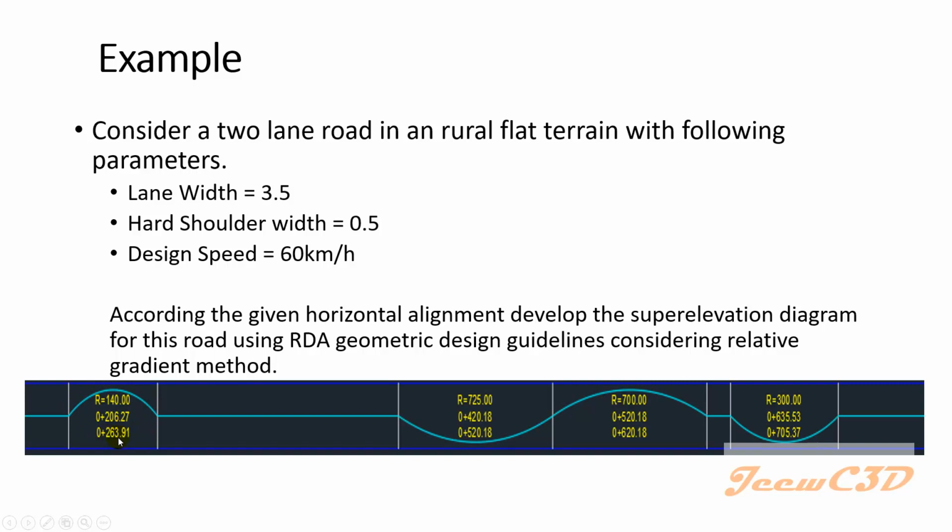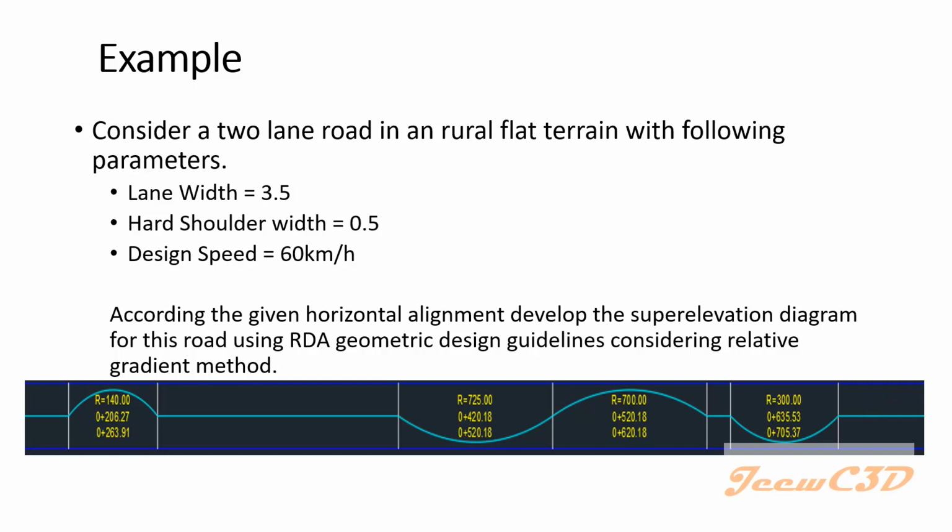Then again you have a long straight section, which goes up to 420.18. After that you have a curve of radius 725, going up to 520.18. So likewise you have this alignment. We are asked to find the super elevation development length.